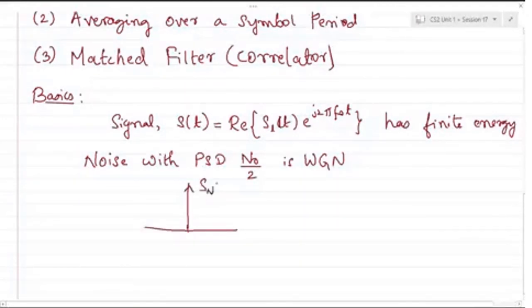We usually represent this as N(f), where N refers to the noise.